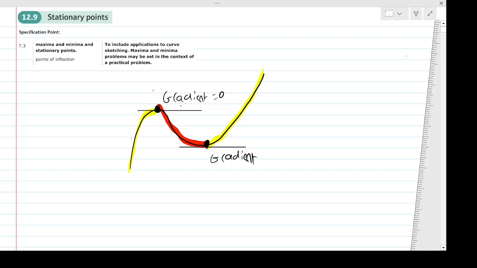What you can notice as well is it's very similar to when we did quadratics. With a quadratic curve, we saw it had a turning point, which is at the bottom, or a maximum point at the top. It's kind of where the graph turns, going up and down, or down and up. It's the same story here. This is a turning point, and that's a turning point.